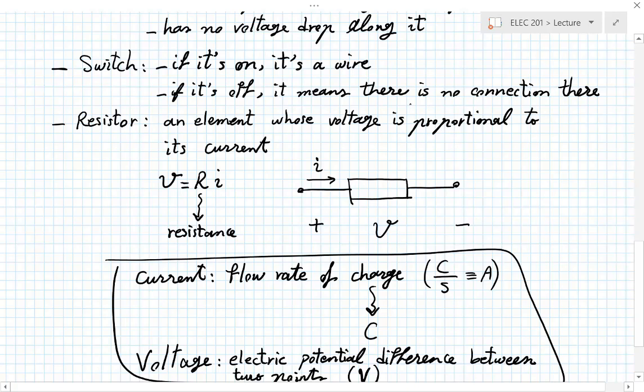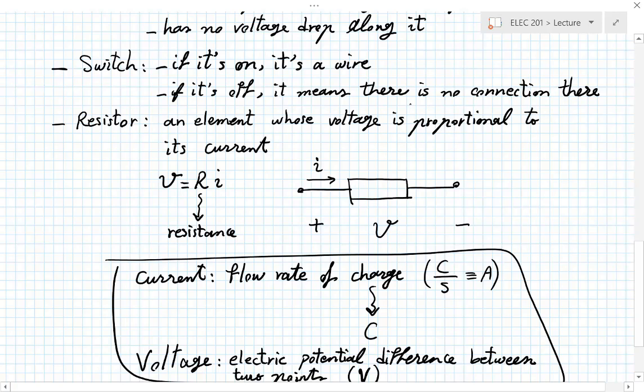A resistance is simply an element that follows this very broad observation: for many materials, if you cut out a chunk, a regular conductor, and you apply a voltage across it, you will measure a current through it. If you double the voltage, the current will double.